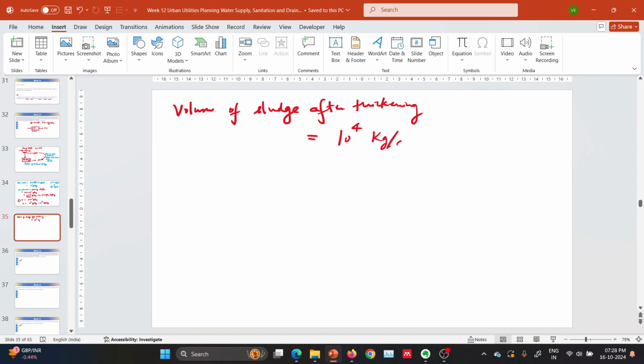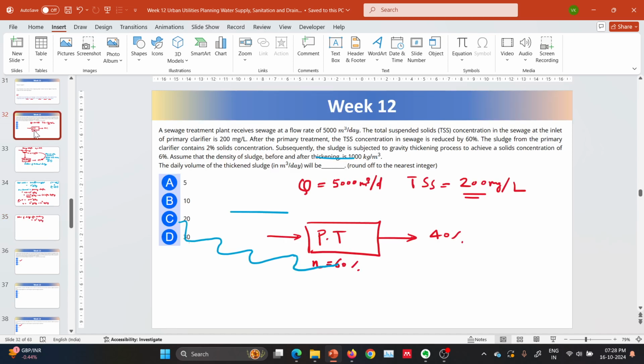But the answer is in which form? Meter cube per day. So we have to convert the weight into volume, and we have been given that the density of sludge before and after thickening is 1000 kg per meter cube.